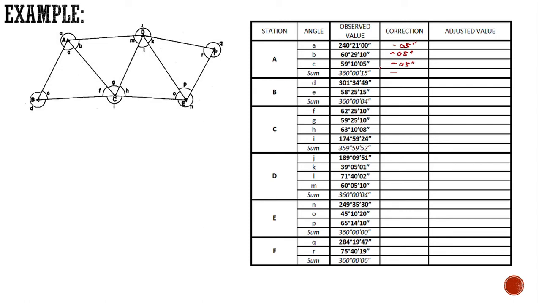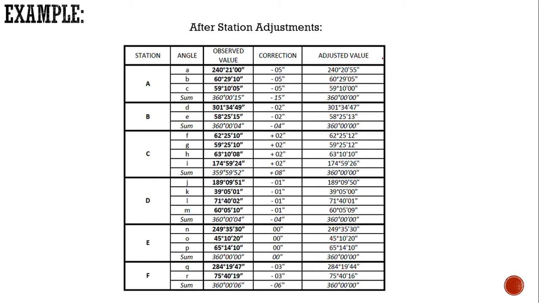Since our total correction is equal to 15, or our error, you're going to apply that from your summation of your original angles. Adding the correction to your observed value, you get your adjusted value, like what we did earlier. In summary, these are your new adjusted values for the angles at each station after the station adjustment.